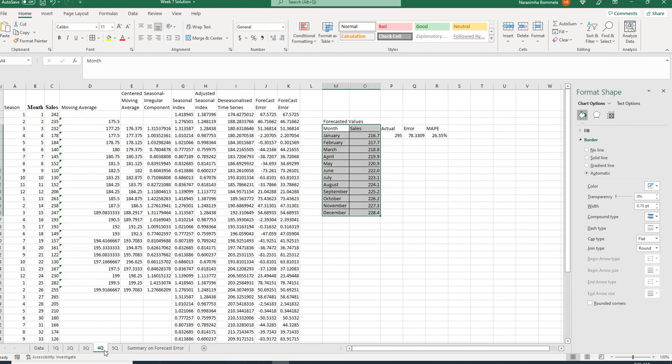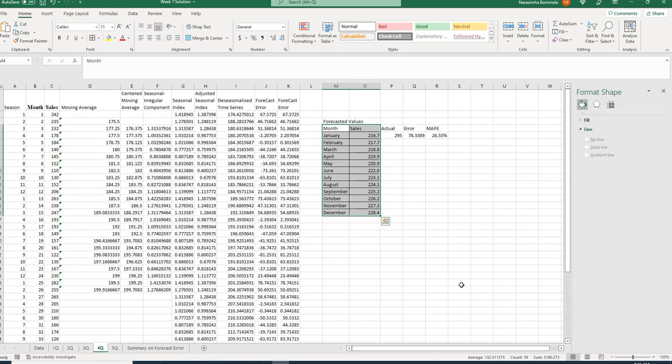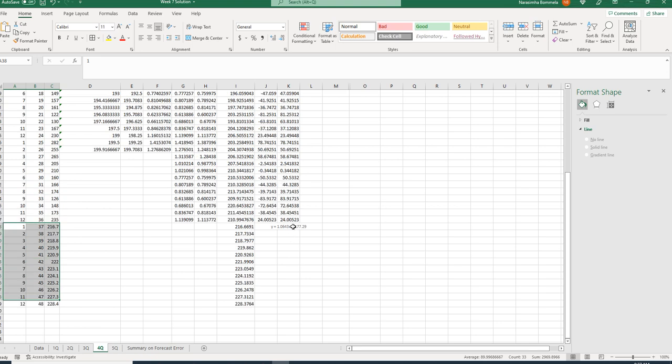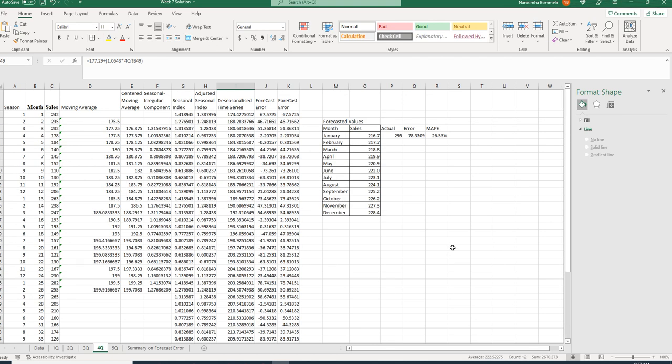Next is the fourth question, which asks us to calculate forecasted values for the next 12 months. So this is the 4th year, 37th month to 48th month. By using this equation, we have forecasted the values and listed them here.